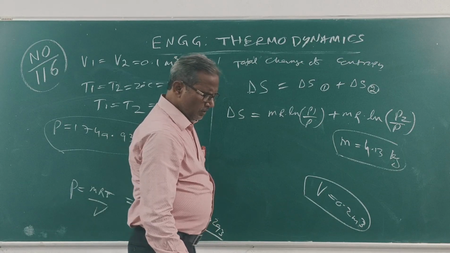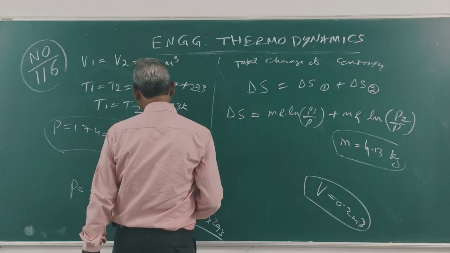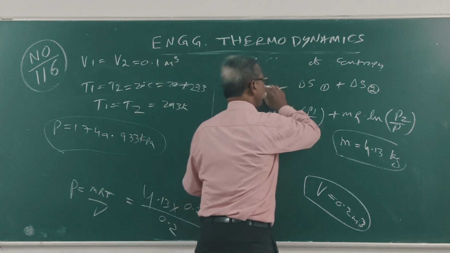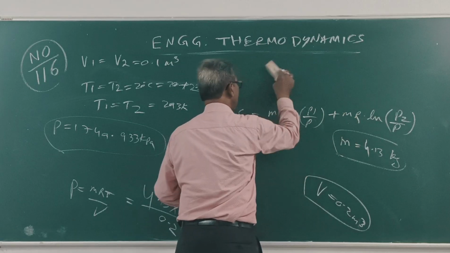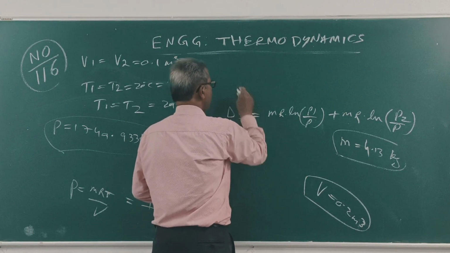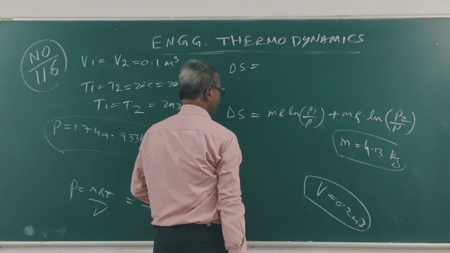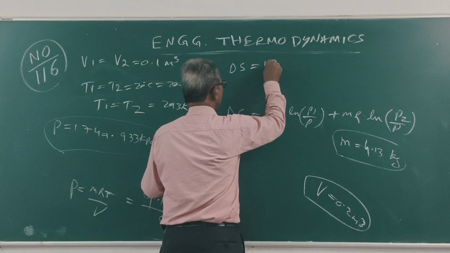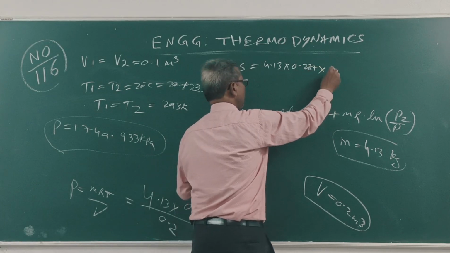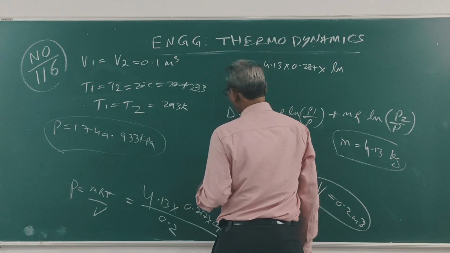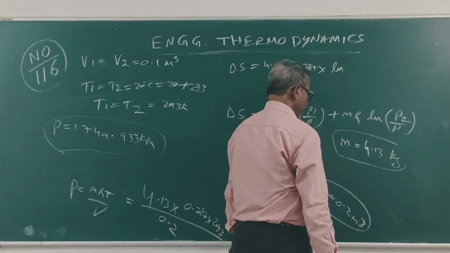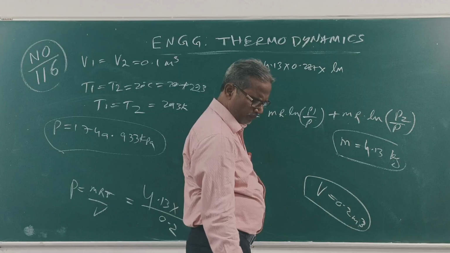Now delta S is equal to M R ln P1 by P. What is M? 4.13 into R 0.287 into ln P1 by P. What is P1?